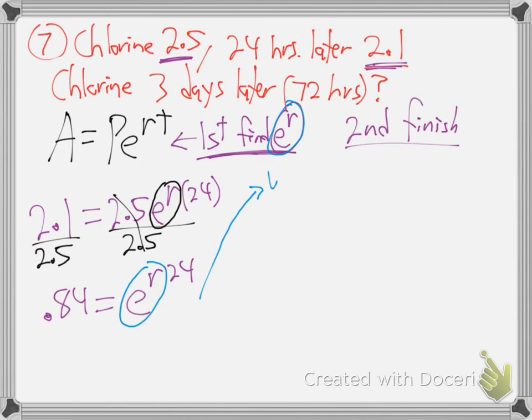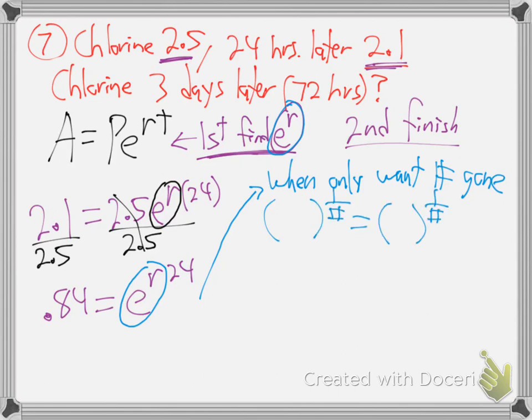So when you only want the number gone, then 1 over the number on both sides, because I just want that 24 to go away. I don't want the r gone because I'm trying to find e to the r. I want that r to stay up there.